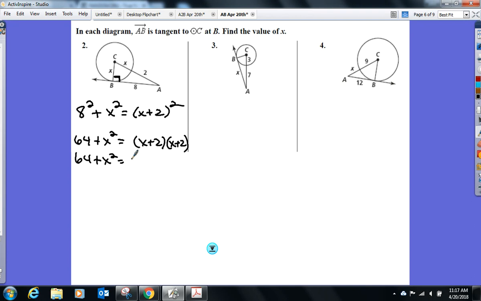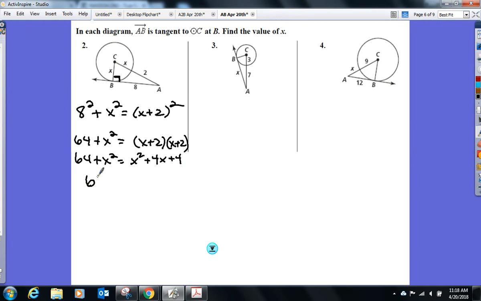Okay, x squared, what do you have as a middle term? 4x. And then your c value? Plus 4, yep. What do you want to do with that? Get everything to one side? Well, what's going to happen when I subtract the x squareds? Everyone see the x squareds are gone, whether you move this one to the left or this one to the right.